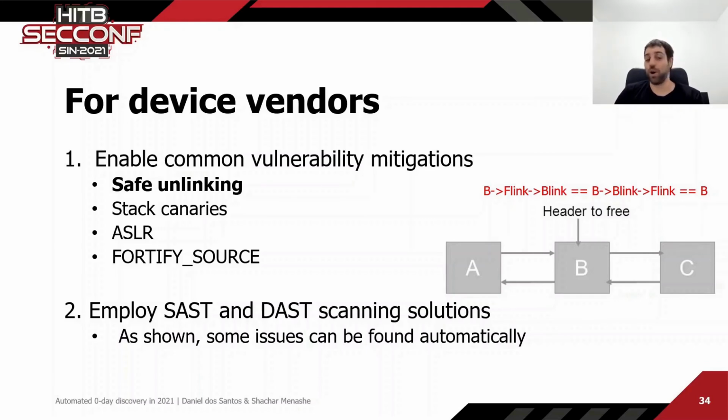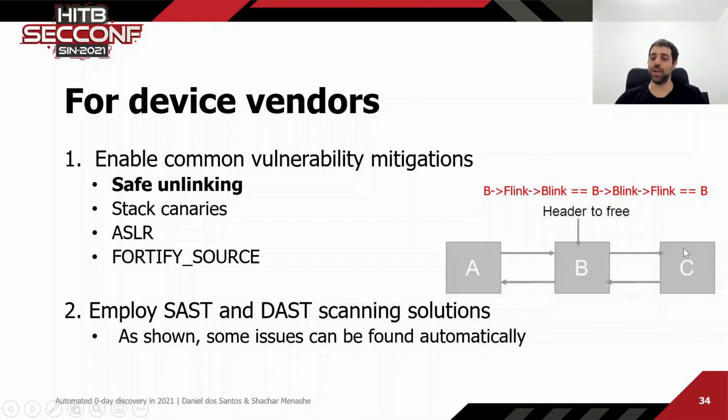So for example, if you're trying to free node B, you check that if you go forward and then backward, you end up at B, and the same if you go backwards and then forwards. Of course, in an unlinking exploit, the whole idea is that you're changing these links to some crazy addresses because you want to override them. Then if you go forward and backwards, or backwards and forwards, you're not going to end up at the same node because you just linked it to some crazy global address.